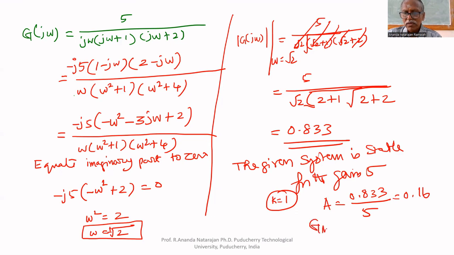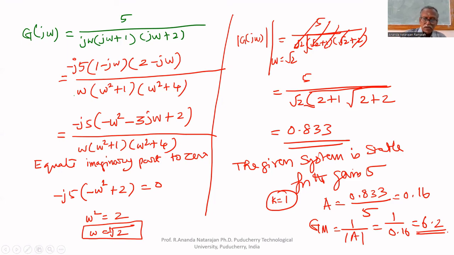Therefore, gain margin equals 1 by modulus of A, that is 1 by 0.16, which equals 6.2. Therefore, we can increase the gain up to 6.2. Already it is 5. If the value is above 6.2, definitely it will be unstable.